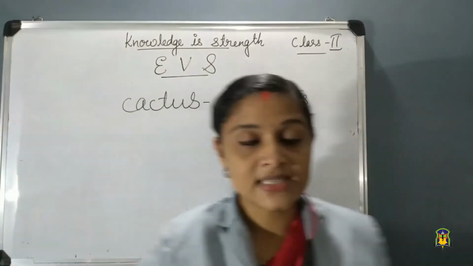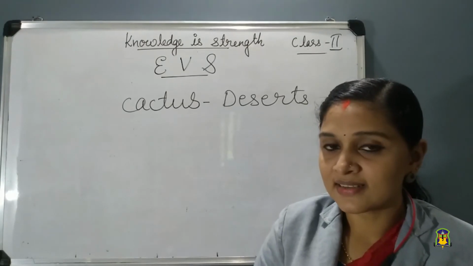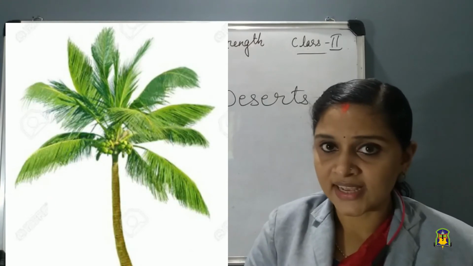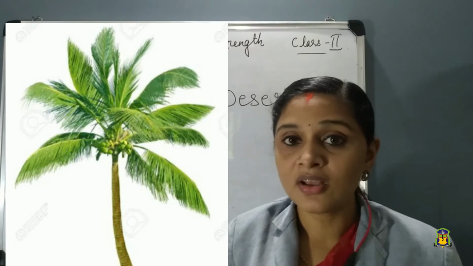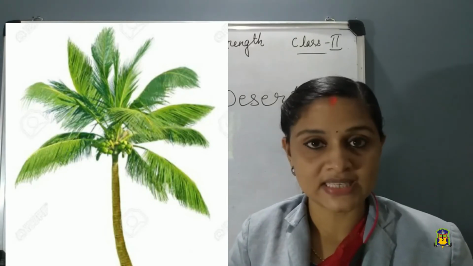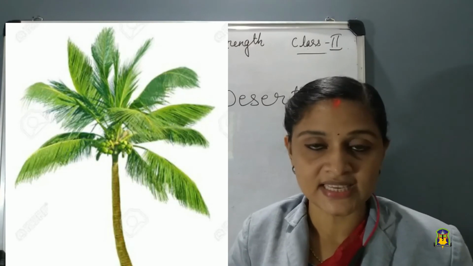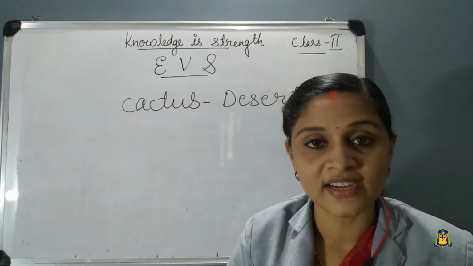Then next I will show you the picture. Please look, which plant is it? Yes, it's a coconut tree. Where can we see these coconut trees? Actually, these coconut trees grow in hot and wet places. And near the coastal areas also we can see them. Near the sea we can see a large number of coconut trees.